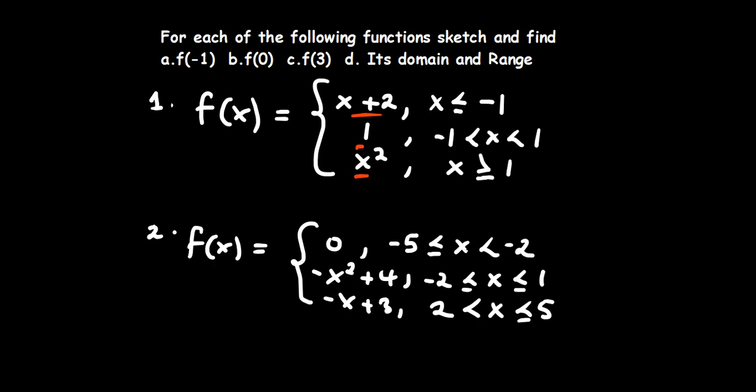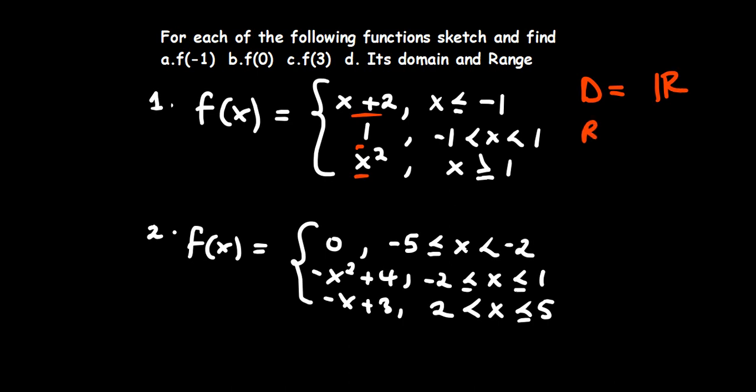I can pick any real number and it will still be defined. The same goes for x squared. When I pick any real number, I can square it, meaning the domain of the first one is all real numbers.